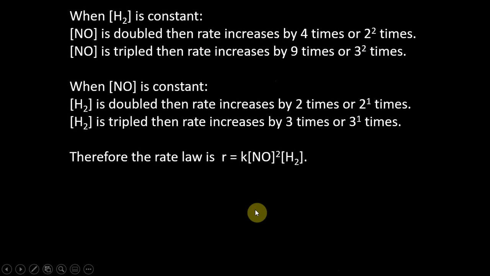And so my rate law then is going to be rate is equal to the constant, whatever it happens to be, times the concentration of nitrogen monoxide squared times the concentration of hydrogen. All right, so the overall rate order then is third order. Okay, so simply add the exponents.